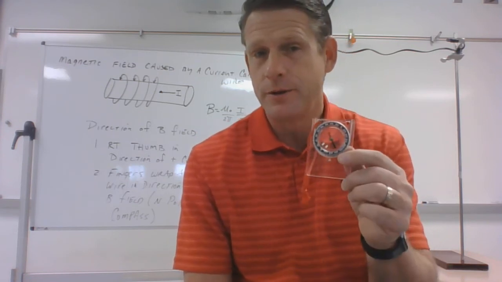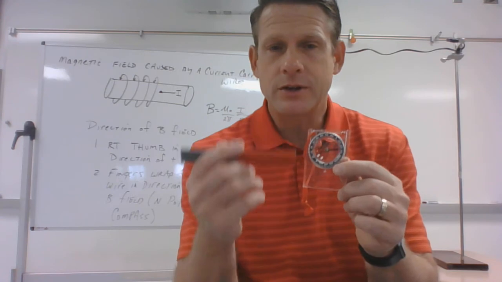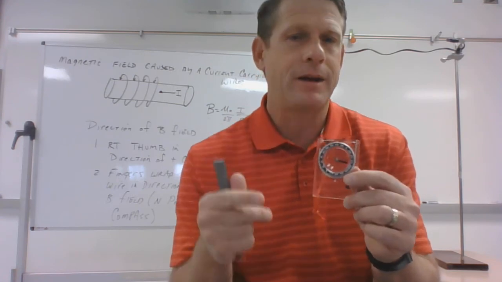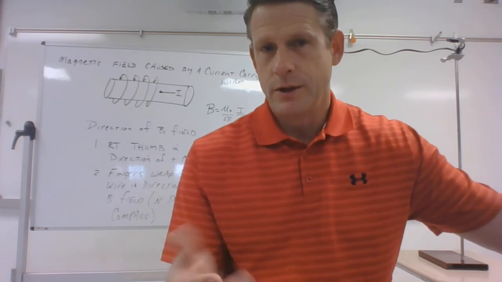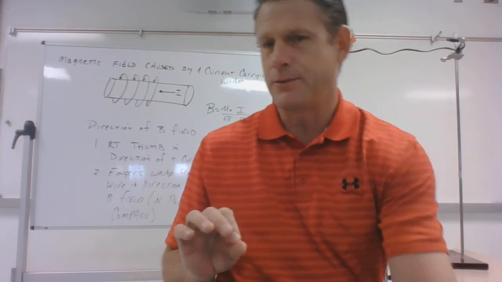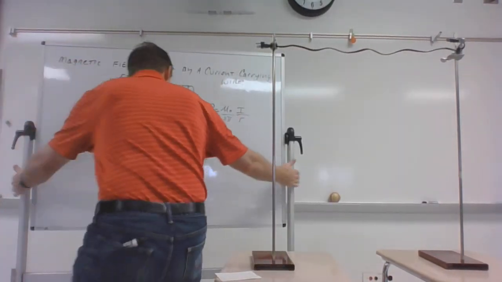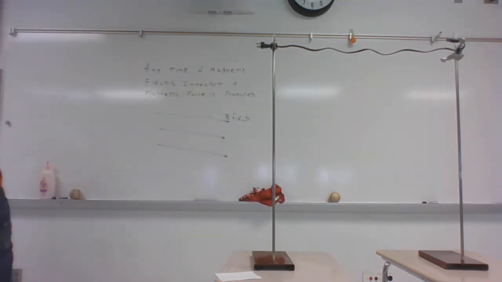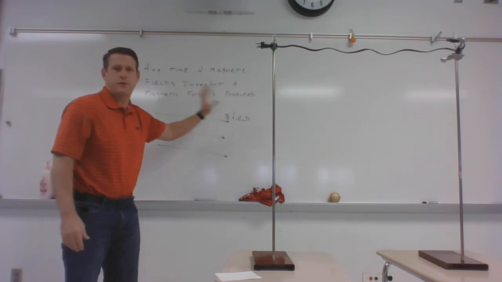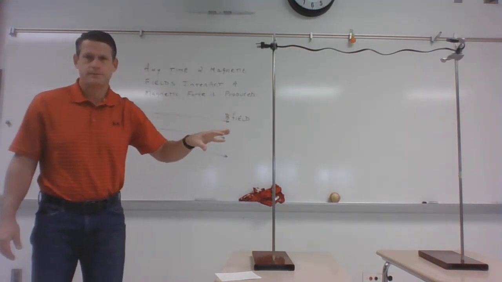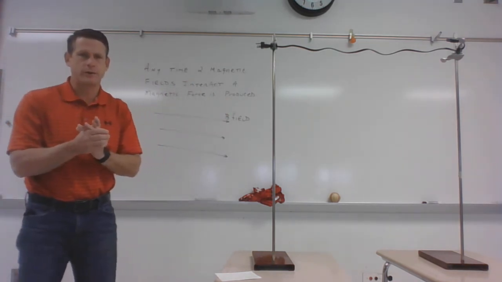Here's a magnetic field. Here's a magnetic field. There are two magnetic fields. Any time two magnetic fields interact, a magnetic force is produced. That's a super important concept for us, a super big idea.